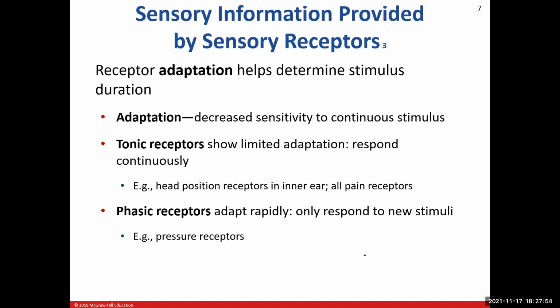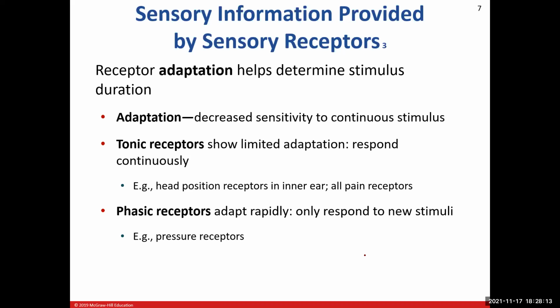And so we'll see that those receptors have limited adaptation, which is good. Again, we don't want them to show decreased sensitivity, because we want them to be able to respond continuously to any changes that are occurring when you move your head around.